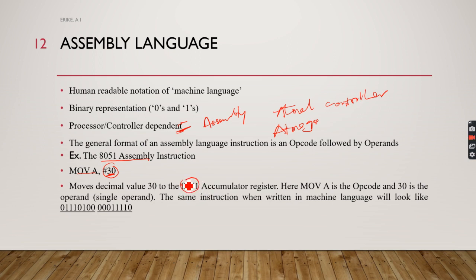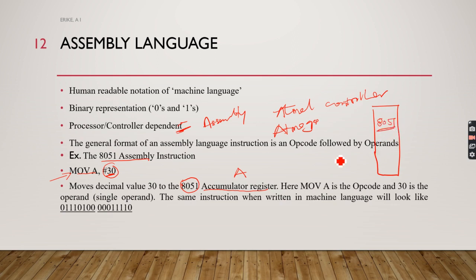Note this, because this particular instruction is an 8051 instruction. When you come to the 8051, there is the accumulator register designated as A. That's why we said if you want to write assembly, you need to know the internal makeup of the controller you want to write for, right?